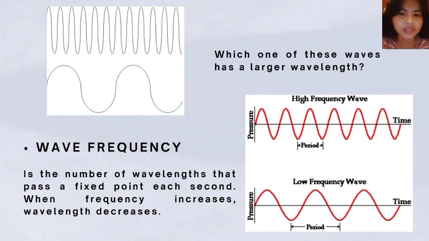Since this doesn't indicate whether the waves are transverse or longitudinal, it is pretty obvious that the second illustration, or the second wave, is the wave that has a larger wavelength, judging by the distance between the waves.